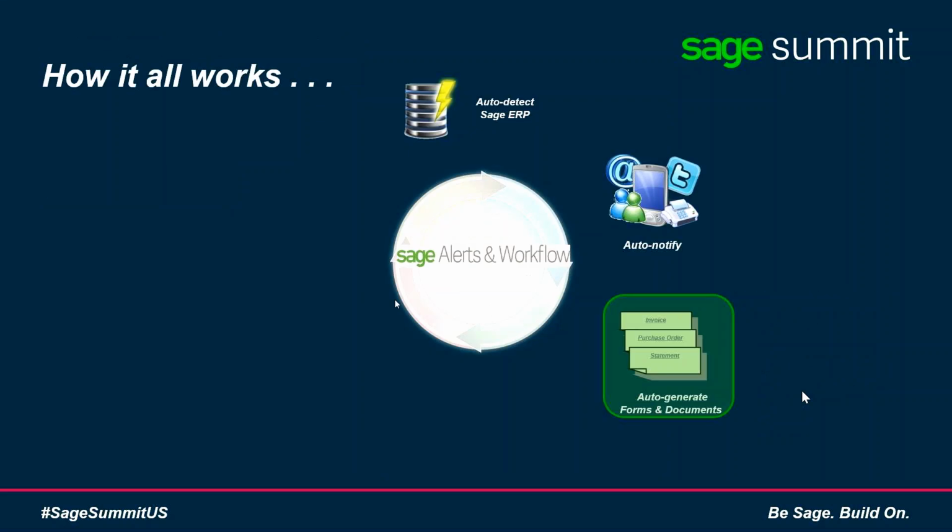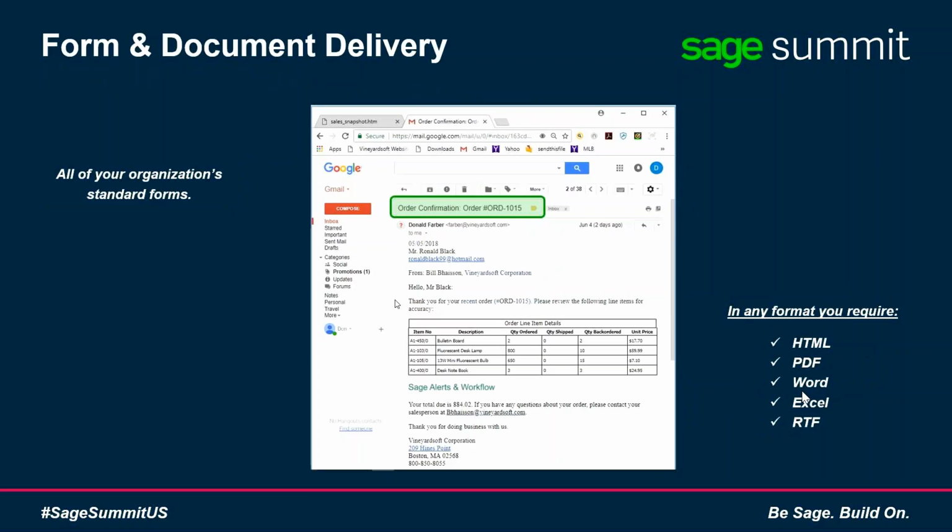Now, in the case of overdue invoices, we talked about automatically generating and delivering the appropriate forms and documents to the customer and their sales rep. So here we've got an example of an order confirmation in email format, with an attached PDF. This one showing the full details of the order that was placed, automatically sending this alert to the corresponding client and carbon copying their sales rep.